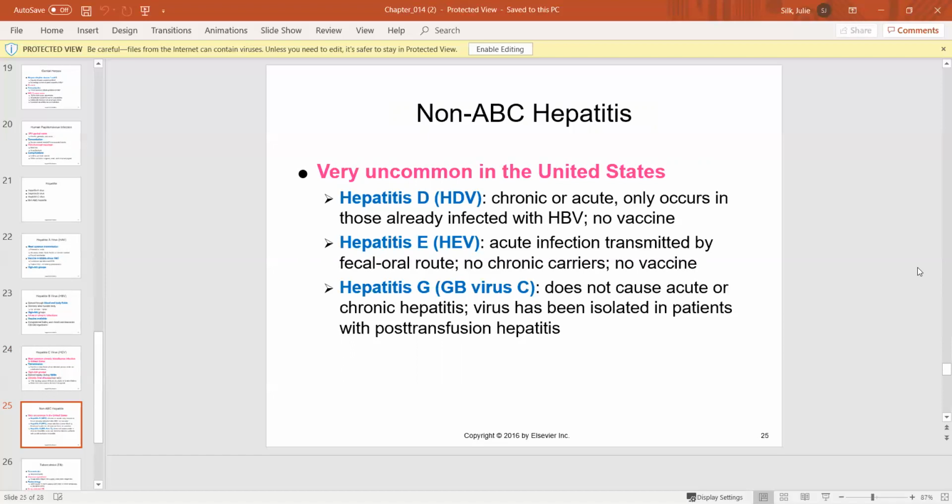It only occurs in those already infected with hepatitis B, so it kind of goes along with hepatitis B. E has only an acute infection, and it's transmitted by the fecal-oral route, so it's very similar to A. And there's no vaccine for that one. And then G does not cause acute or chronic hepatitis, but the virus has been isolated in patients with post-transfusion hepatitis. So that's another kind.